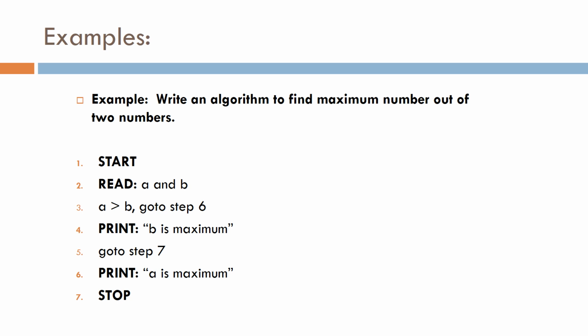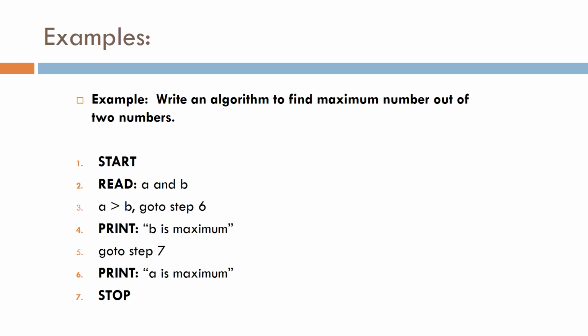So we are giving the message B is maximum, and after printing step number 4, we are not printing step number 6, right? Because both the numbers are not maximum at the same time. So after using the fourth statement, print B is maximum, our output is generated, and directly we have to go to step number 7 to stop this algorithm, right?